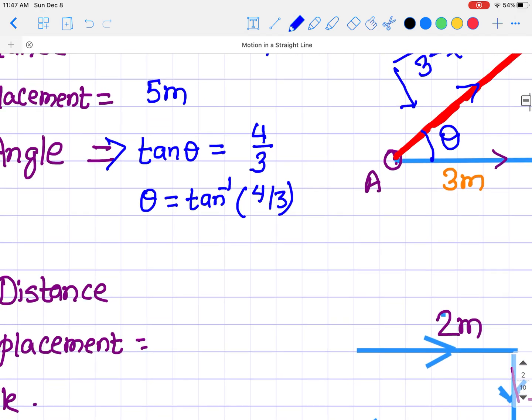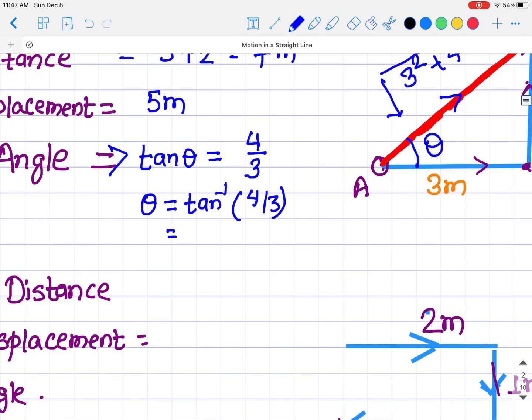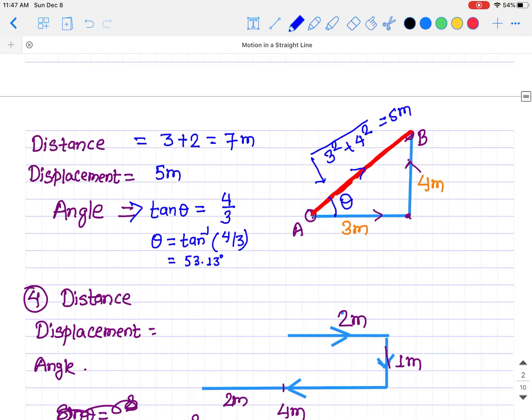If you just solve it, let me give you the number. 4 divided by 3, shift, tangent inverse, you'll get 53 degree. So this angle is 53.13 degree. So what does this mean?